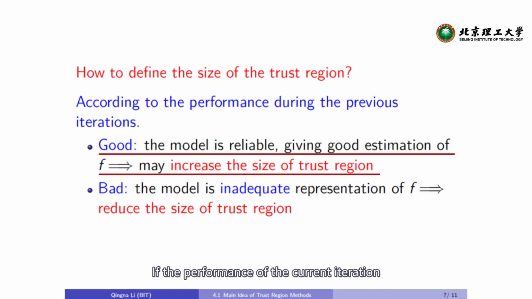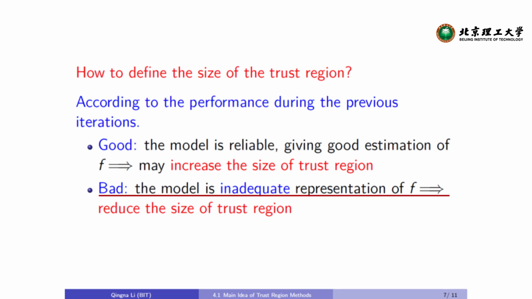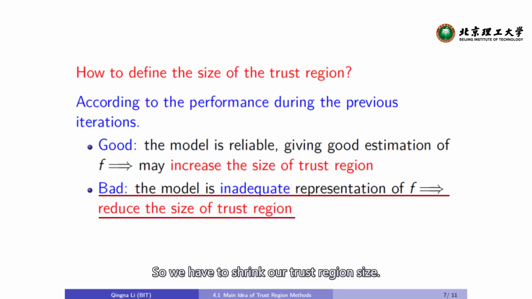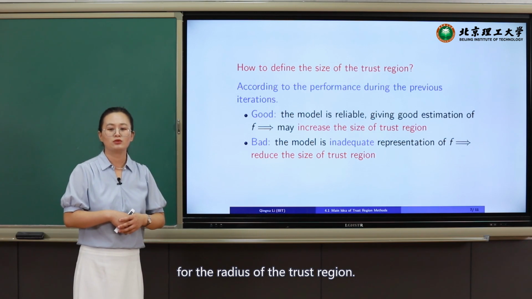And if the performance of the current iteration is not that good, it means that it may not be a very good trust region size. So we have to shrink our trust region size and repeat the process again in order to get a very good approximation. This is the rough idea for the radius of the trust region.